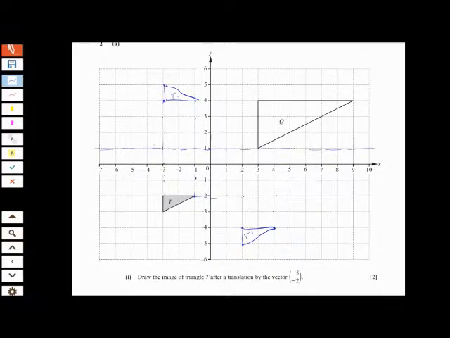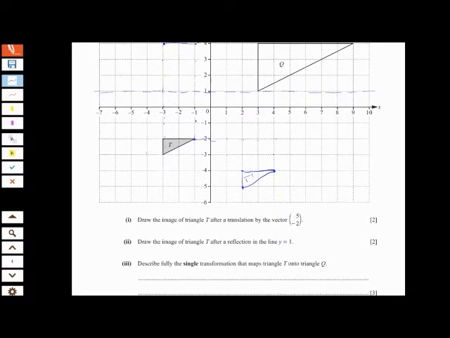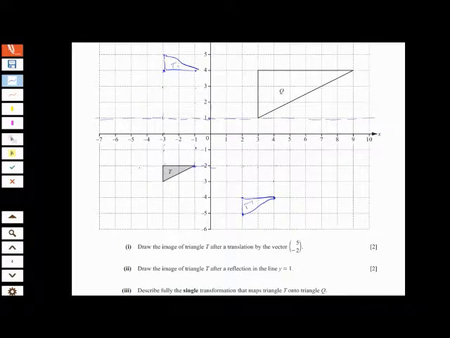Okay, now describe fully the single transformation that maps triangle T onto triangle Q. Okay, the single transformation is an enlargement, as you can see, but how would you know the details of that? How would you describe it? By doing this, connecting the lines, extend.